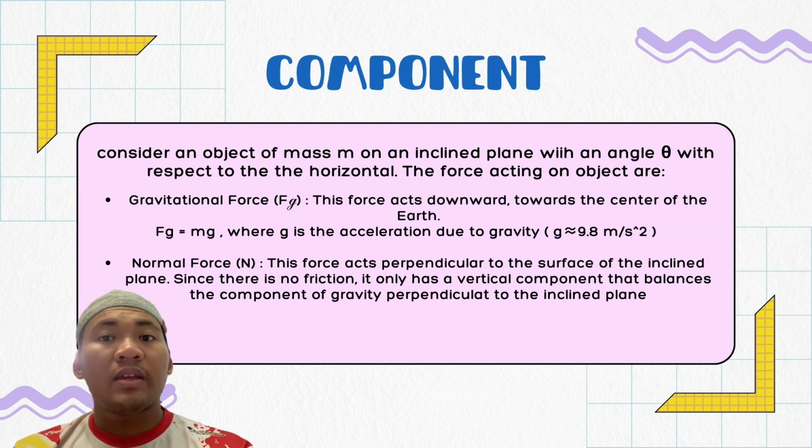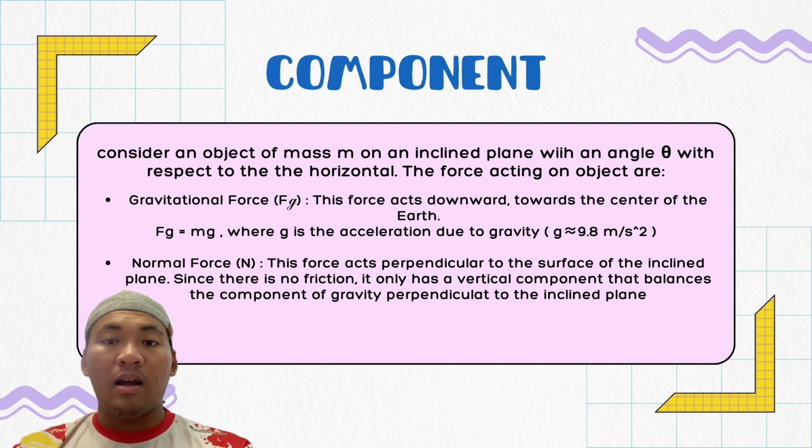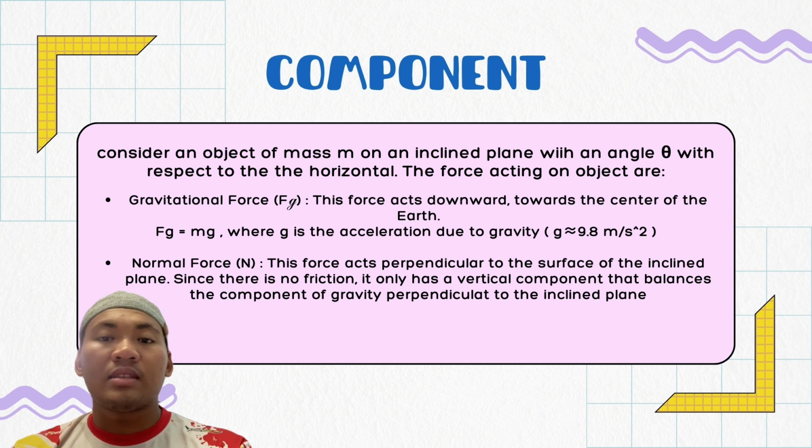So, to explain another detail about the situation, let's consider an object of mass m on an inclined plane with an angle theta with respect to the horizontal. The forces acting on the object are the gravitational force Fg. This force acts downward towards the center of the earth. Fg equals m times g, where g is the acceleration due to gravity.